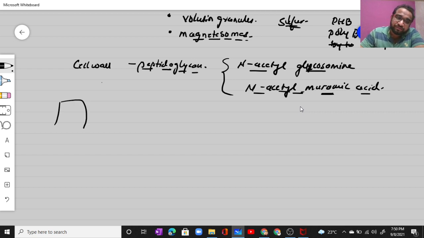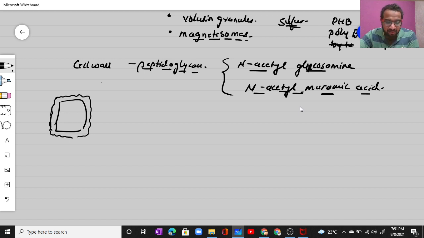In some bacteria it is also found that on the outer side of the cell wall there is one more membranous covering present, and it is tightly bound to the cell wall. The outermost layer is called the glycocalyx.